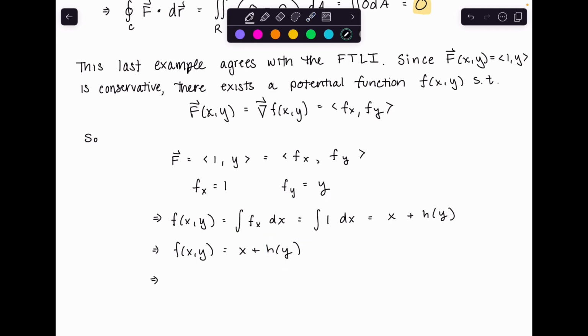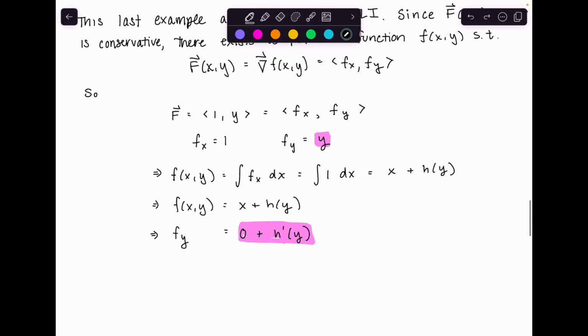So if I differentiate this with respect to y, well, the derivative of x with respect to y is 0. The derivative of this with respect to y is h prime of y. Okay. Well, since I'm saying this is the partial with respect to y, this better equal this thing as well, because that is what the actual partial derivative is. So I set these two things equal to each other.